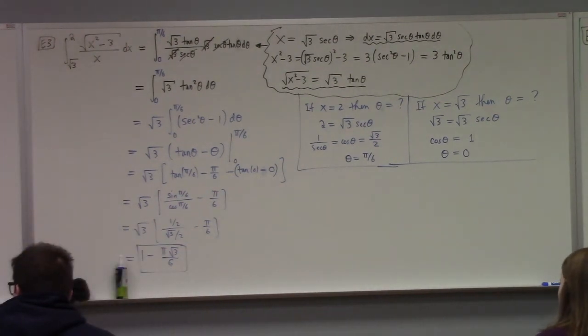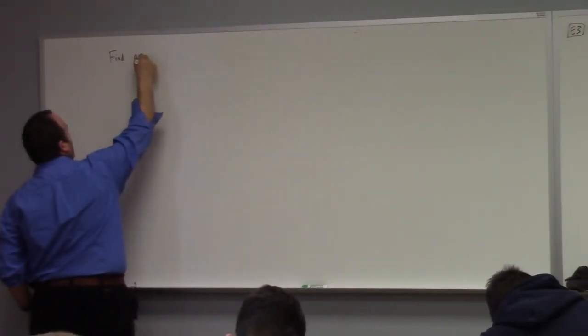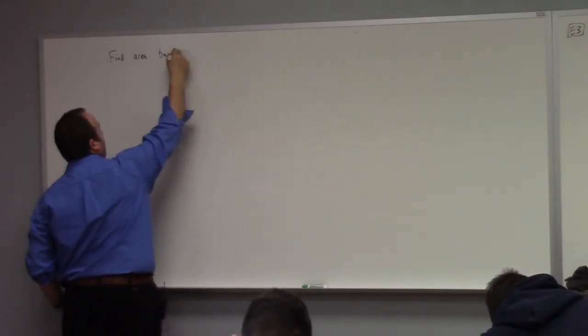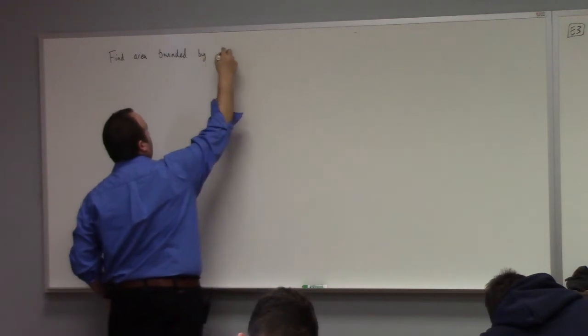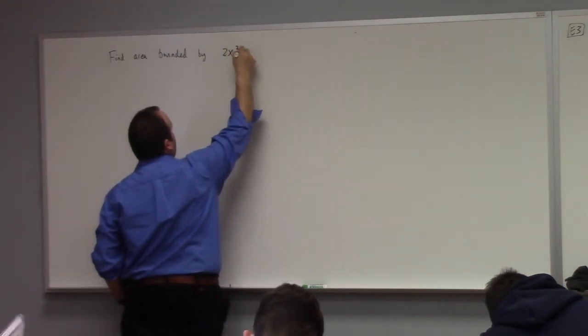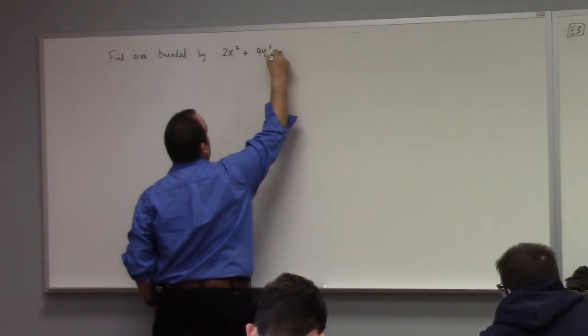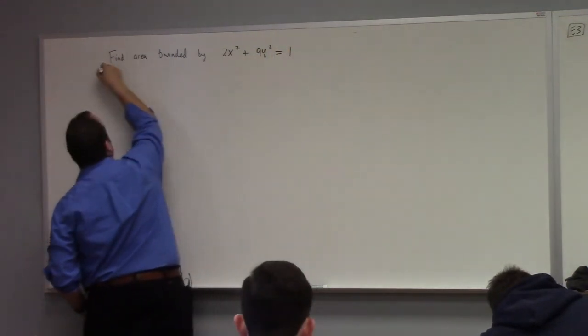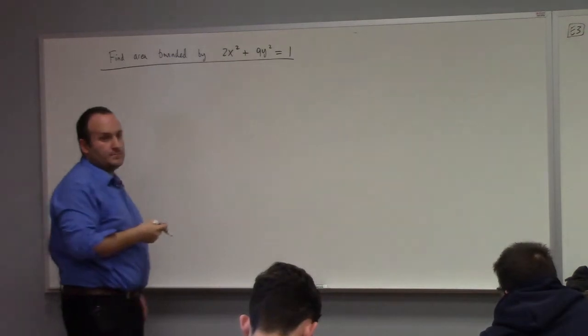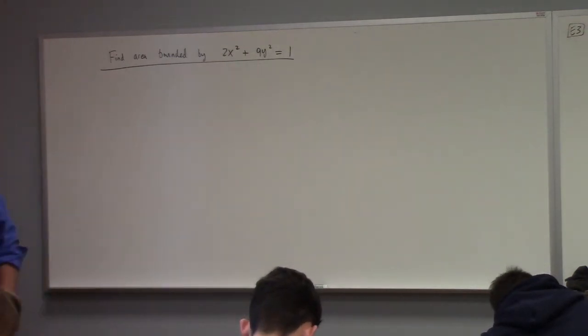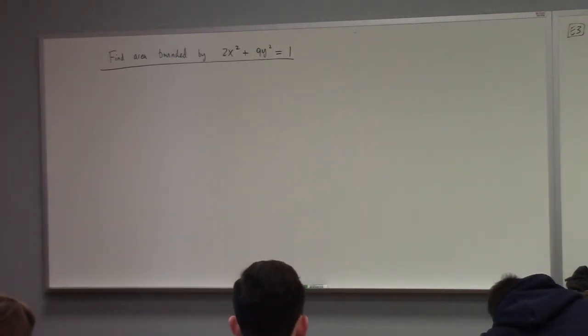So let's find the area bounded by 2x squared plus 9y squared equals 1. So what are we looking at here?